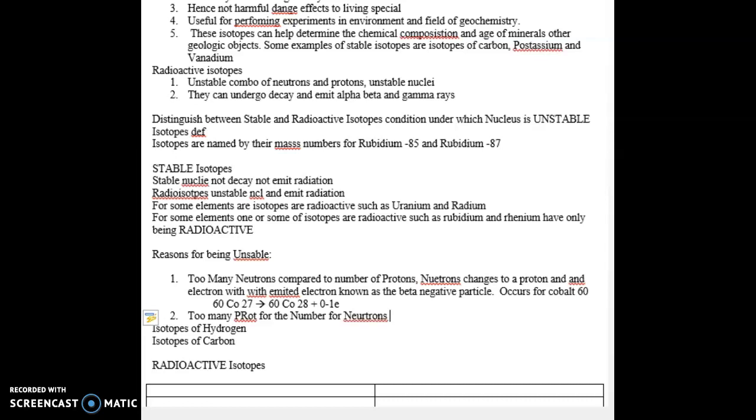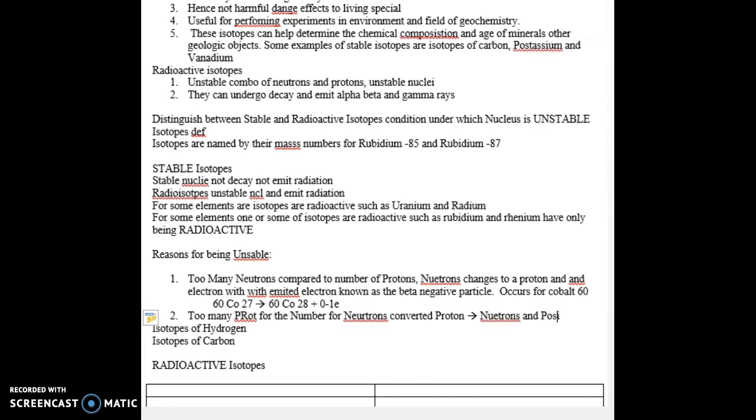So with too many protons for the number of neutrons, the protons are going to be converted into neutrons and positrons.